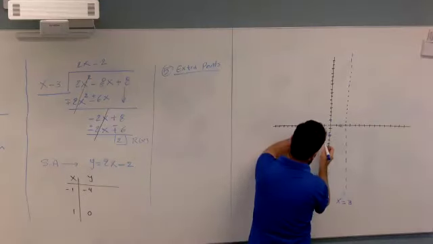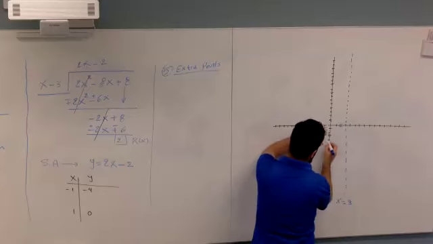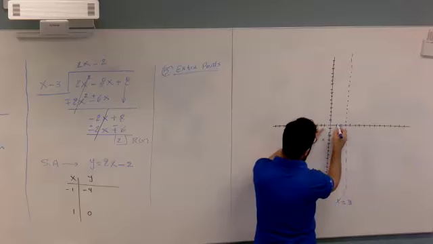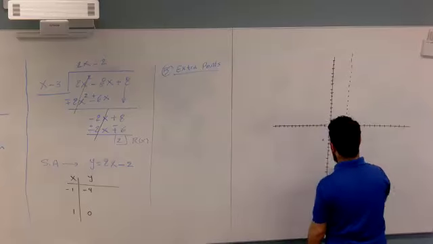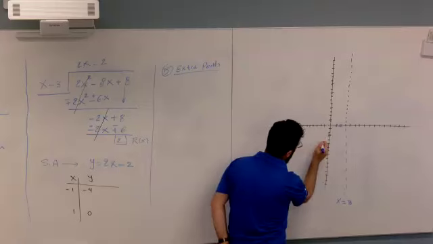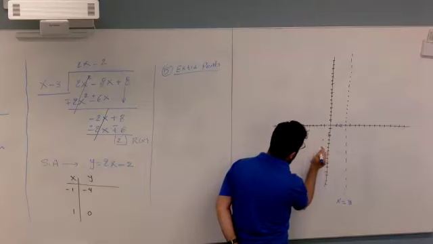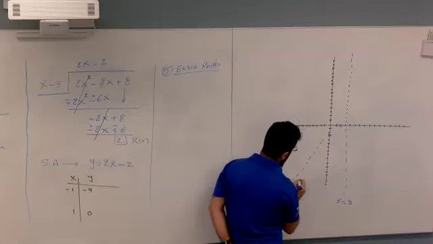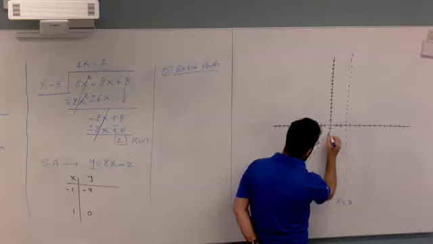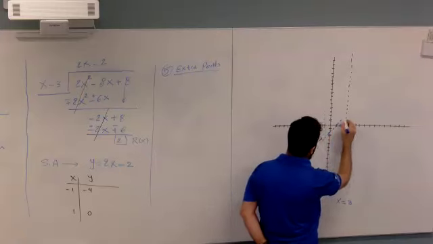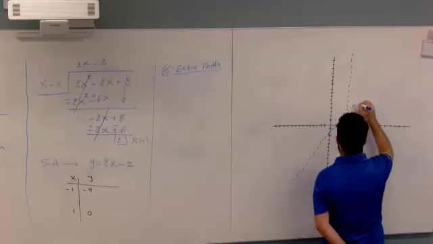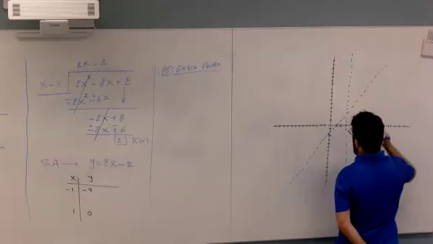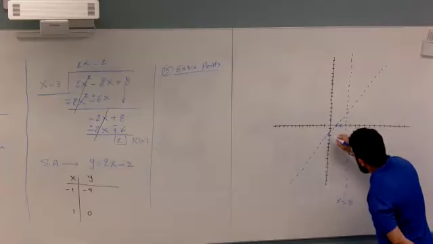It's negative 1 and negative 4. 1, 2, 3, 4. The other one is here. For sure the graph is going to go down like this.